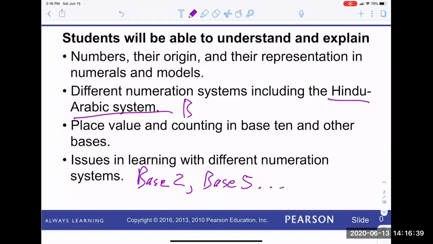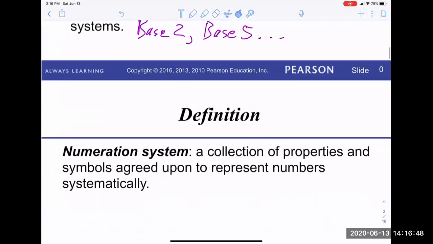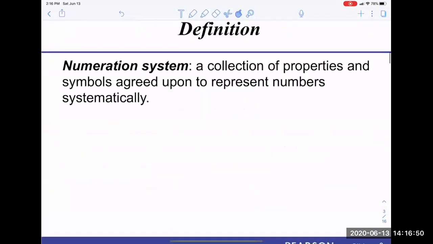Hindu Arabic, that's our favorite one, the base 10. That's what we got, properties and symbols that represent our numbers. So just to play with this, we know that this equals 234.